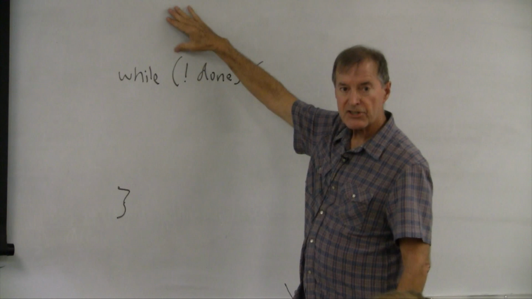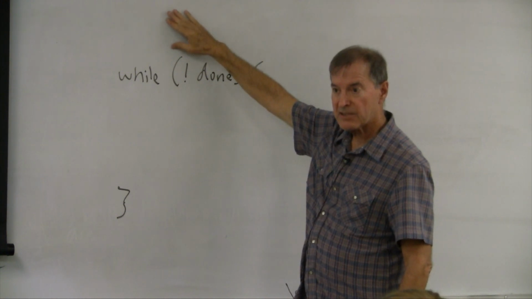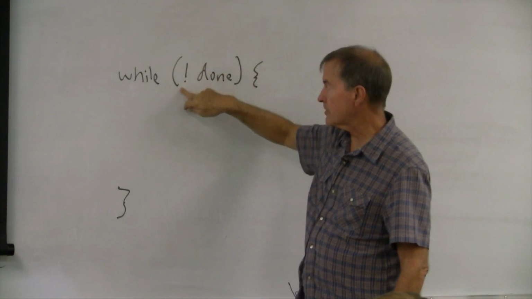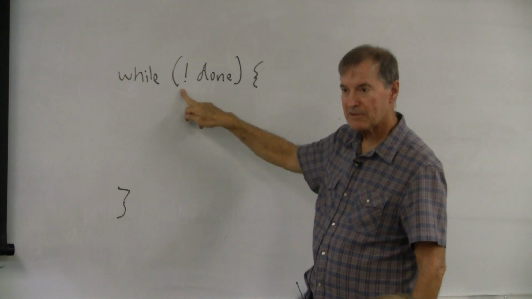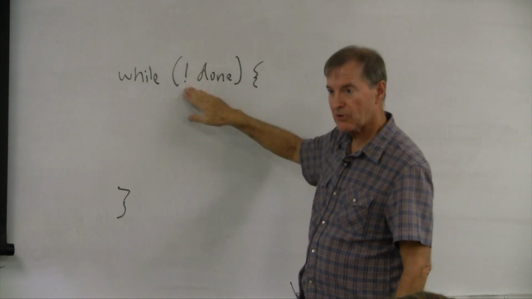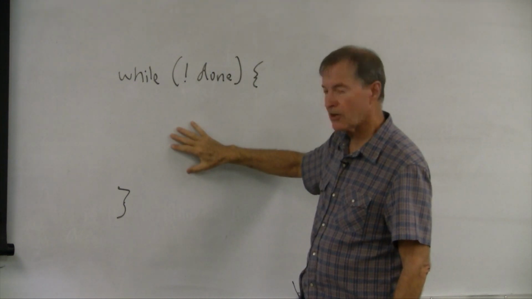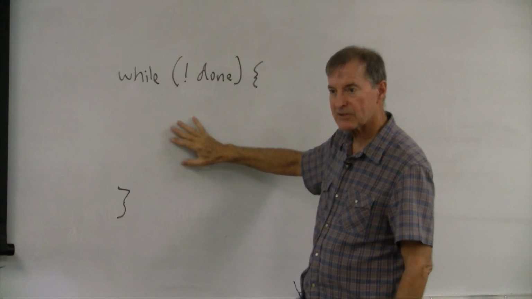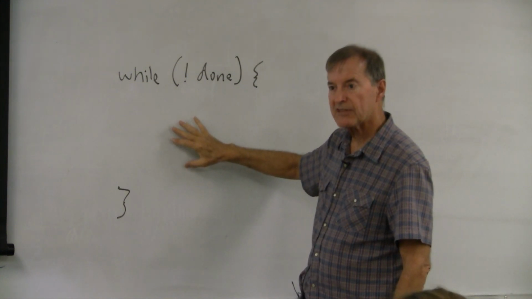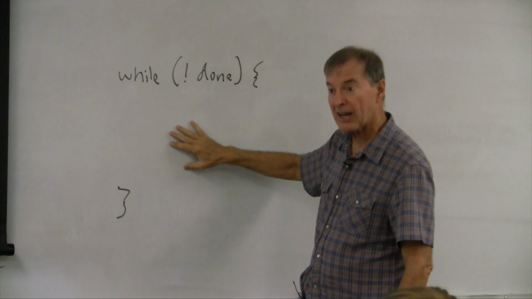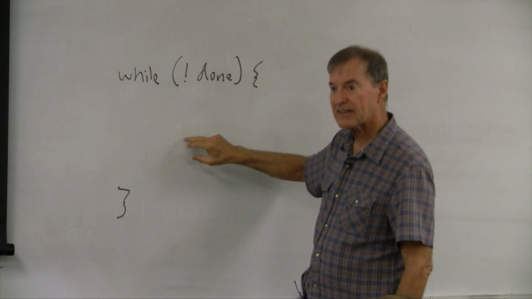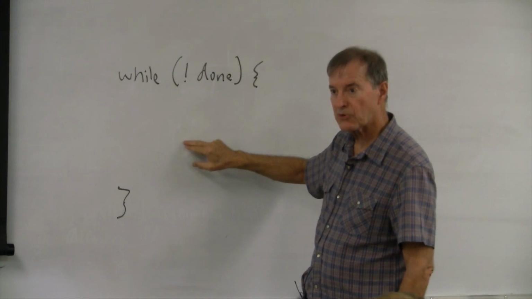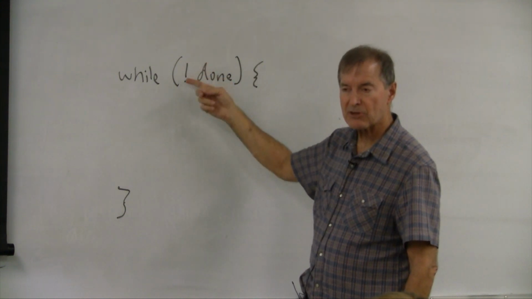Well, you initialize done. Done has to be initialized before you do this test. Are you with me? And as you're going down here, you'll have some if statements, and inside one of those if statements, if you detect a situation where you're done, you would set done to true, and then when you get out of the loop, that would terminate the loop.